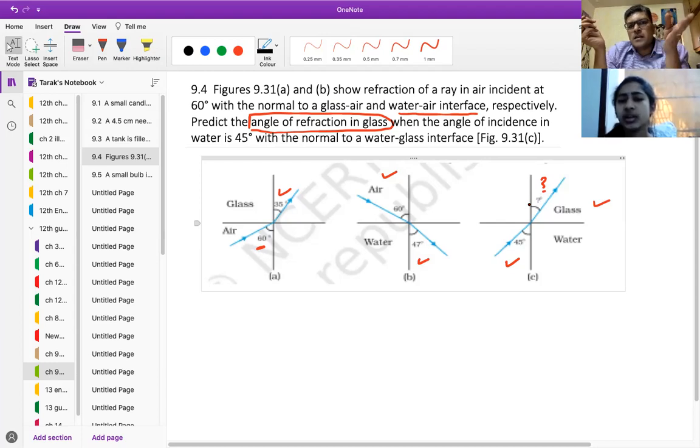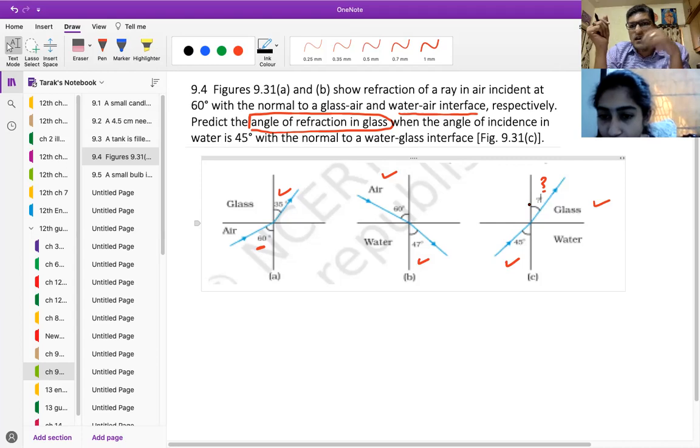In the next figure, air is 1, but what about water? We don't know. We have to find that. Then in the third figure, from the previous two, you have already found the refractive index of glass and water, so you will place them over here.